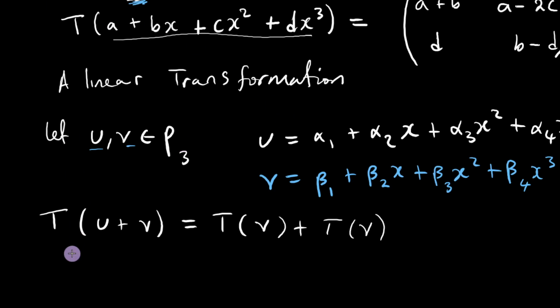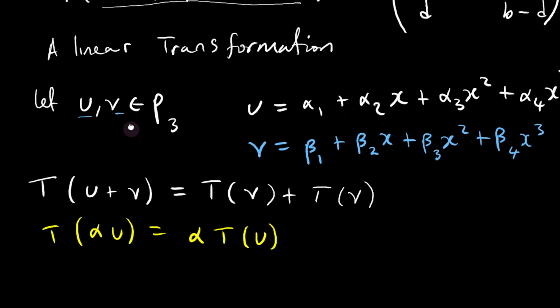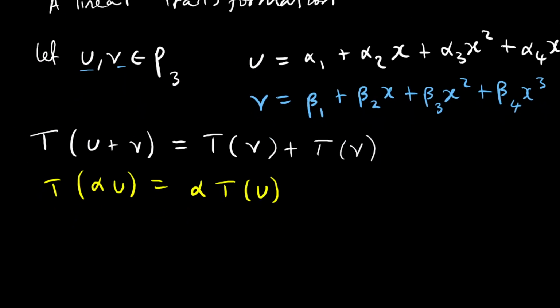And secondly, when you multiply a given vector with an alpha, say alpha times u, we can factor out this scalar alpha and get the transformation of u. Having that said, we firstly need to transform each of these vectors separately.